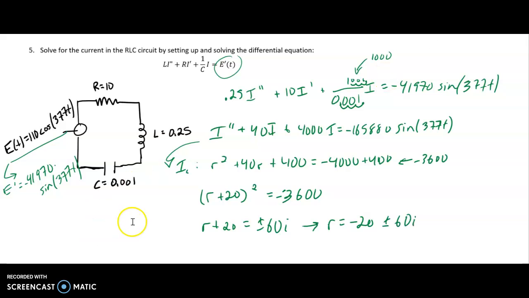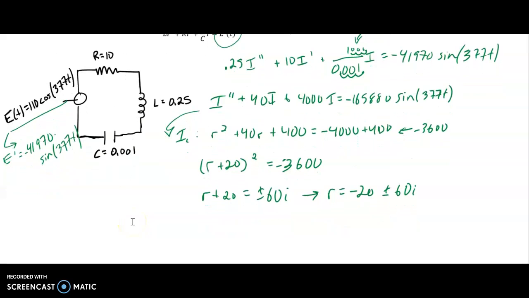So what's that give me for my XC or my IC? IC is e to the negative 20t, open parentheses, C1 cosine of 60t plus C2 sine of 60t.